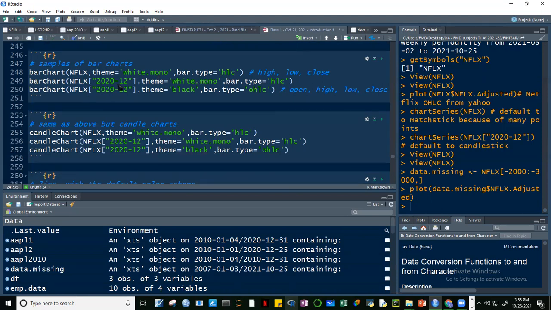Here it's everything, and here it's only December 2020. And here the theme is black, and the type is open, high, low, close. Let's run this one by one.